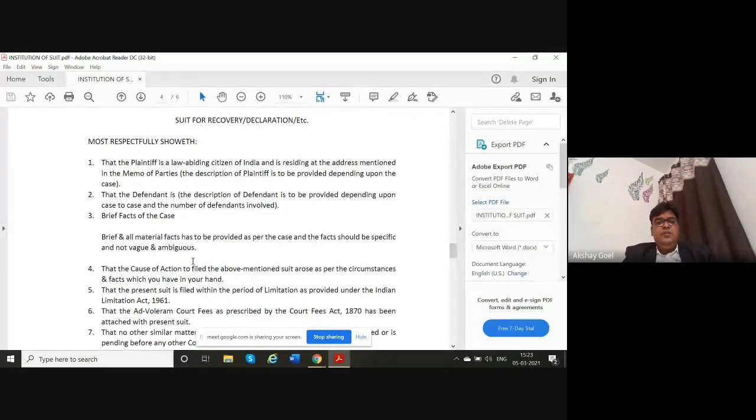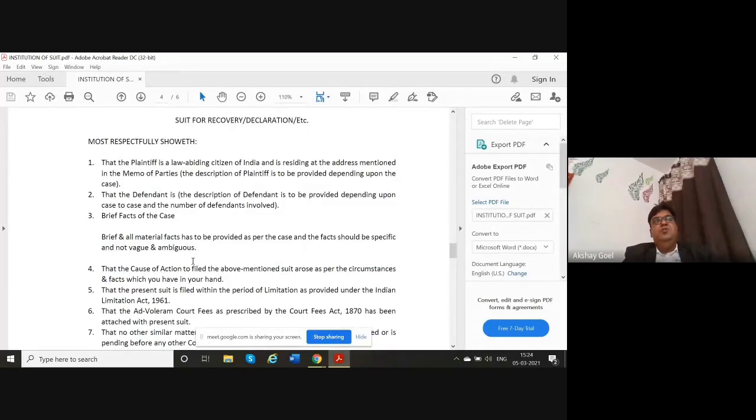After mentioning the brief facts of the case, you need to see where the cause of action has arisen. This particular paragraph in a suit is a very necessary paragraph. You write that the cause of action to file the above mentioned suit arose as per the circumstances and facts which you have in hand. Like in the example I am telling you, the cause of action to file the above mentioned suit firstly arose when the defendant approached the plaintiff to sell XYZ product.